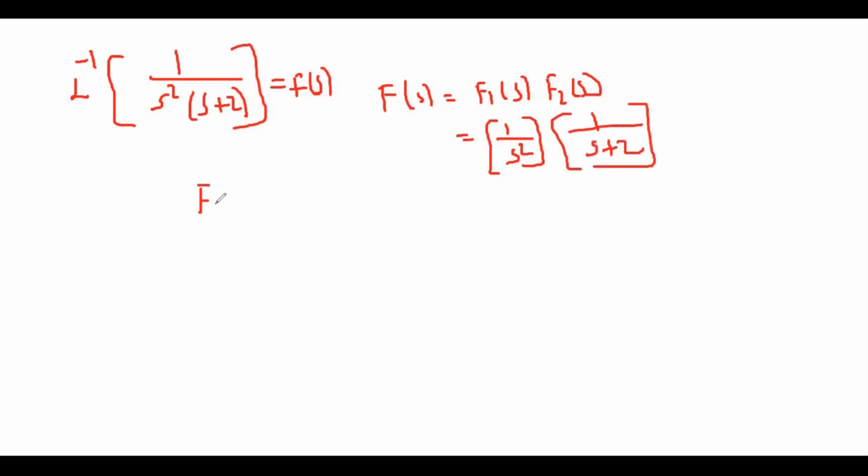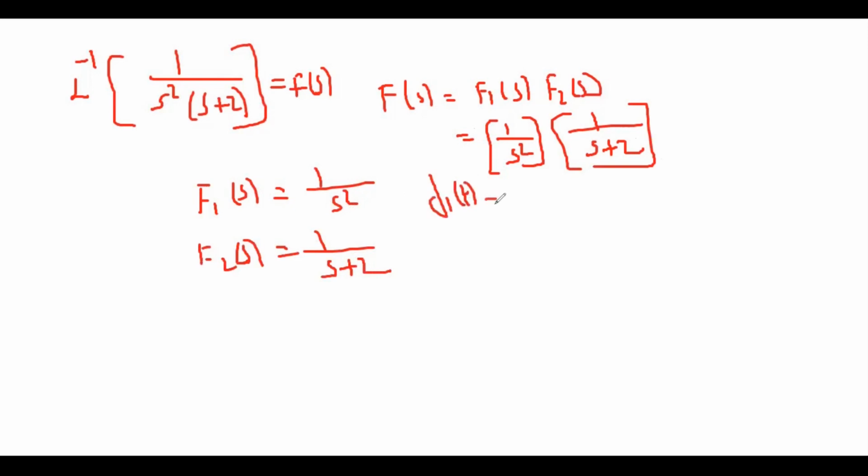F1 of s, I am assuming 1 by s square, and f2 of s, I am assuming 1 by s plus 2. What is the inverse Laplace transformation for f1 of s? F1 of t is equal to t into mu of t. For mu of t, it is 1 by s, and when multiplied by t, 1 by s square.